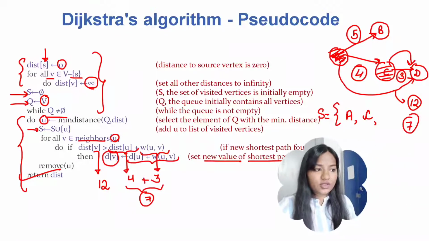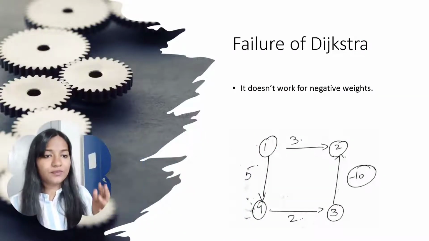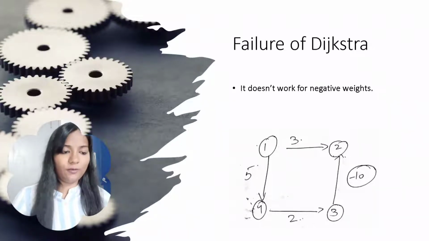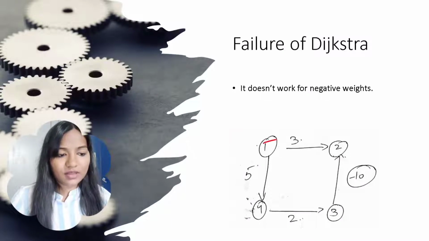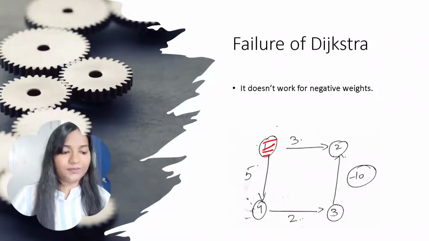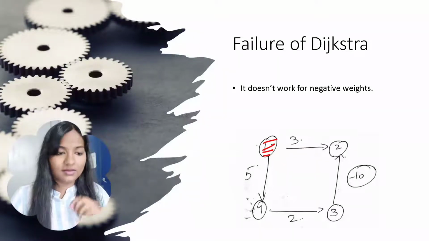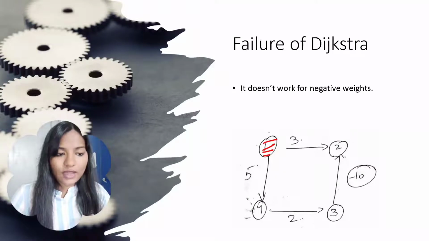The last point which I need to discuss is the drawback or the failure of Dijkstra. Basically, this doesn't work for negative weights as discussed before, but let's understand the logic. So for example, this is my source vertex. Okay, now from the source vertex, let's find the minimum distance from 1 to 2. If I'm going directly here, what will be the distance?